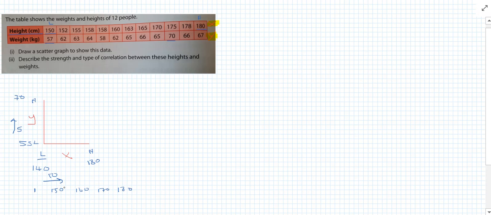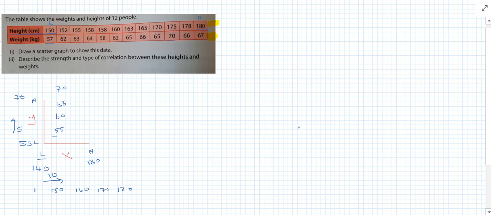We have to divide up a section to account for each of these increments. And for this one here, we're going to have 55, 60, 65, 70. So we're going to have four increments along here, and the increments along the bottom as well. This is going to go up in 10.